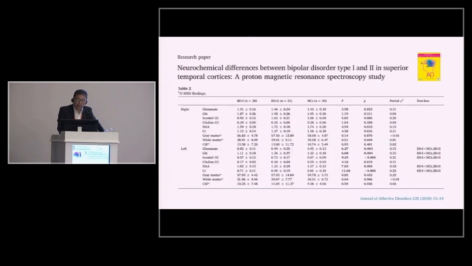This kind of finding was also consistent with other studies using a different image tool, like MRS, as a biomarker, and they found bipolar 2 disorder is actually quite similar to healthy volunteers, and this biomarker is less reduced than in bipolar 1 disorder. So this is very interesting, and we replicated the same concept with a different image tool.